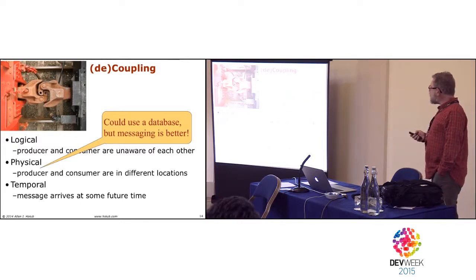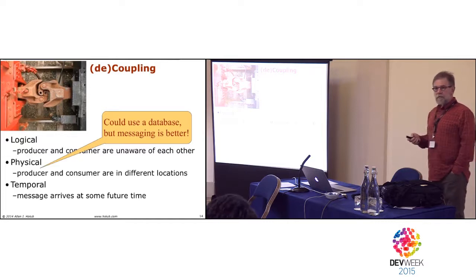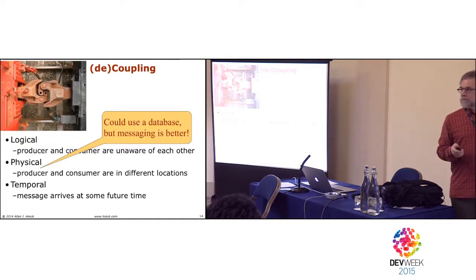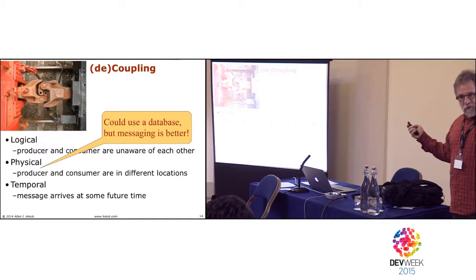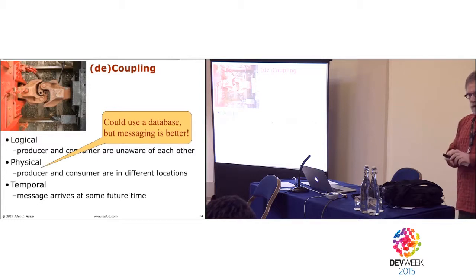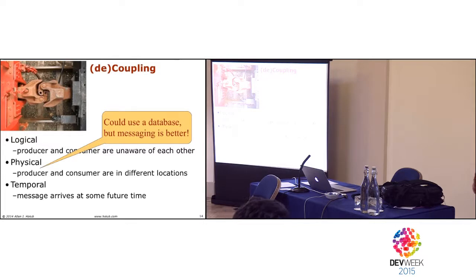So you get a lot of decoupling here because of this arrangement. And that's good. You get logical decoupling in that the producer and consumer are really unaware of each other. They know about the broker, but they don't really know about each other. So that's good because the dependency relationships are all going in the correct direction. They're all going into the broker. There's physical decoupling in the sense they can be in different locations.